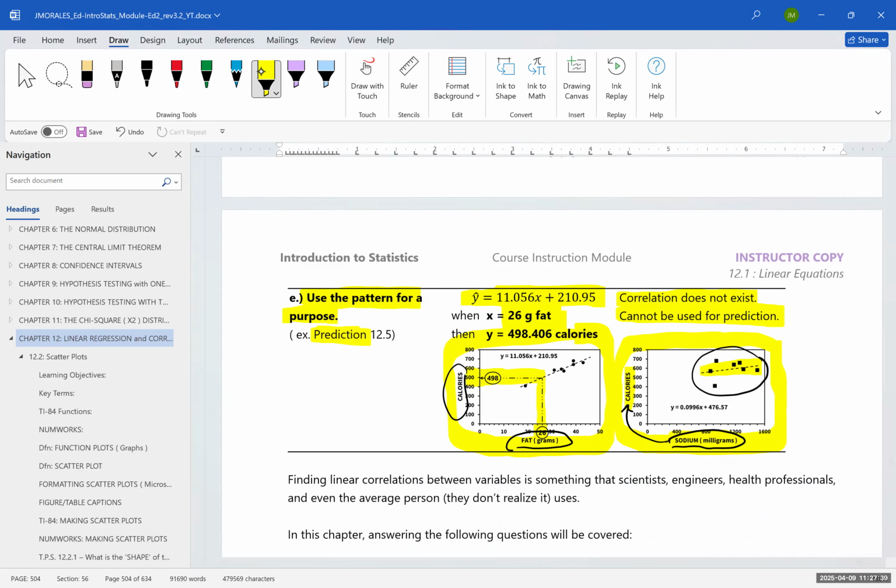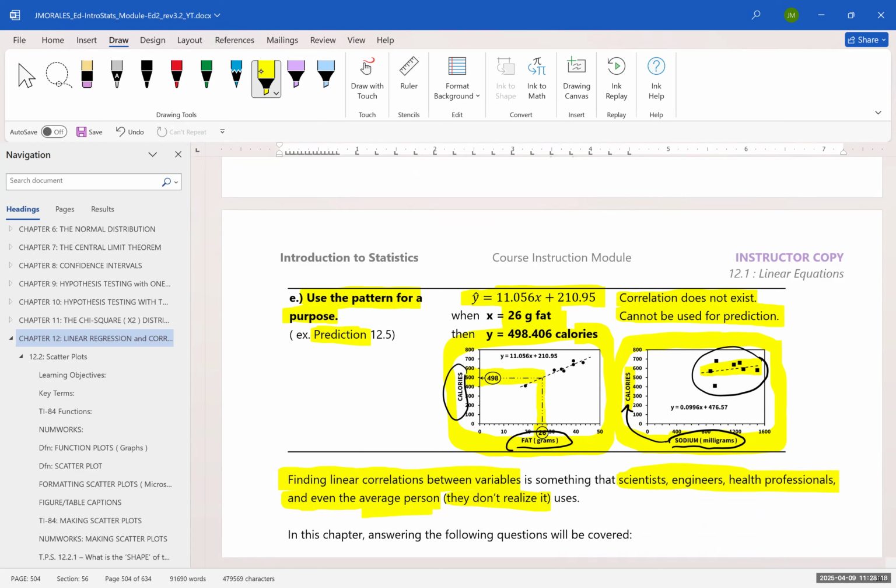So finding linear correlations between variables is something that scientists, engineers, health professionals, and even the average person does, even if they don't realize it. Of course, engineers are doing it on purpose, but the average person is kind of making those correlations. Humans are pattern-finding machines. We look for patterns in things. And sometimes the patterns we see are true, and sometimes the patterns we see are erroneous.